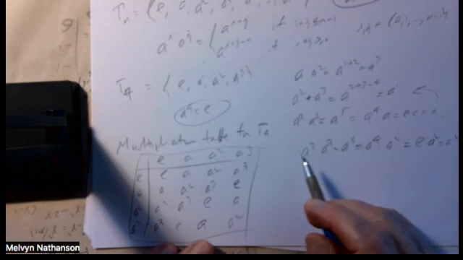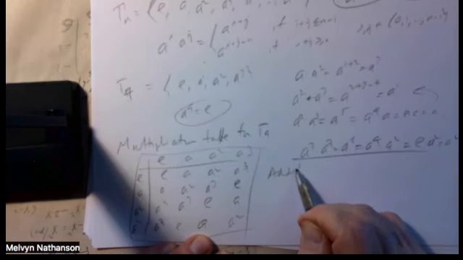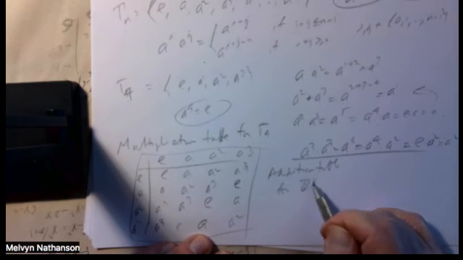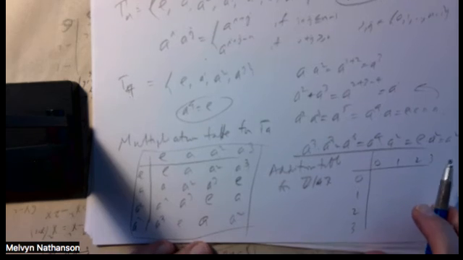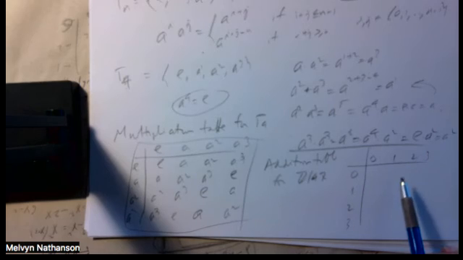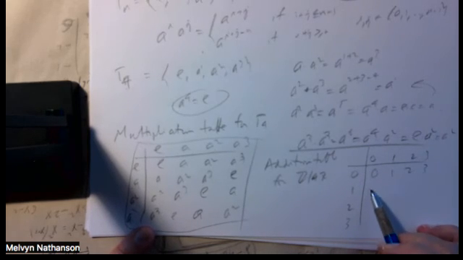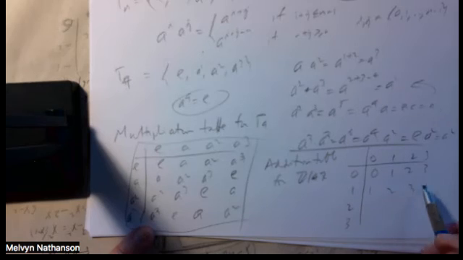Now, if you look at this, you might notice something interesting. This looks like the addition table for the integers mod 4, the congruence classes mod 4. If you look at the congruence classes mod 4, the representatives are 0, 1, 2, and 3. When we add mod 4, this is what we get.